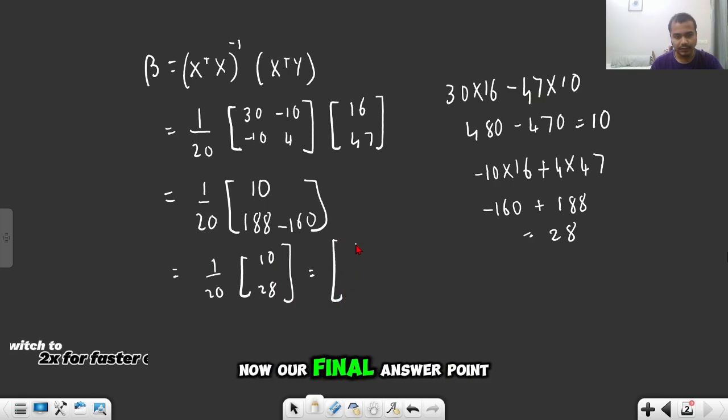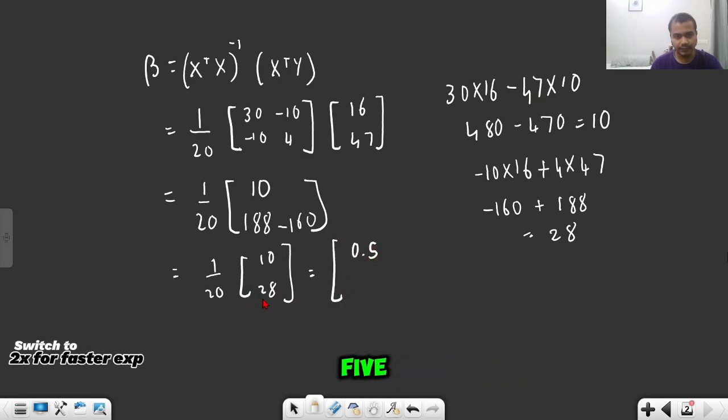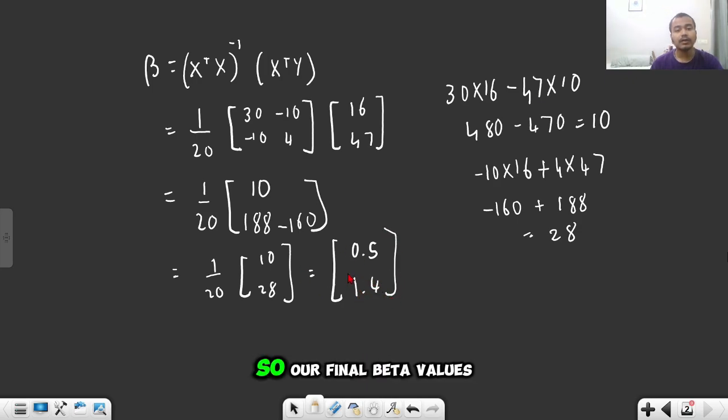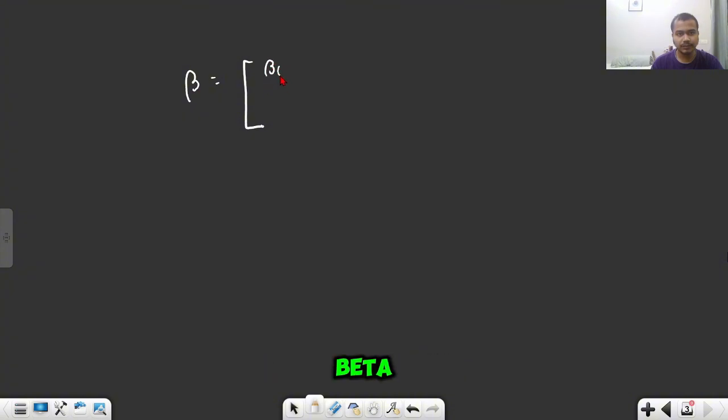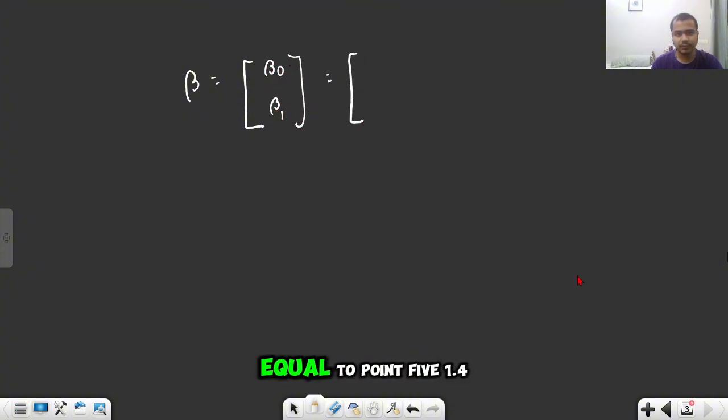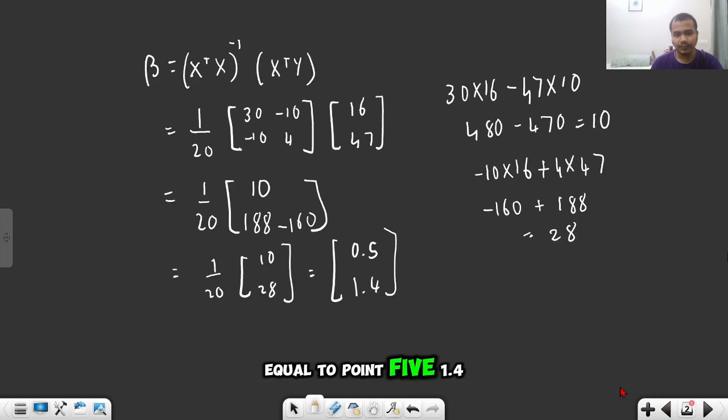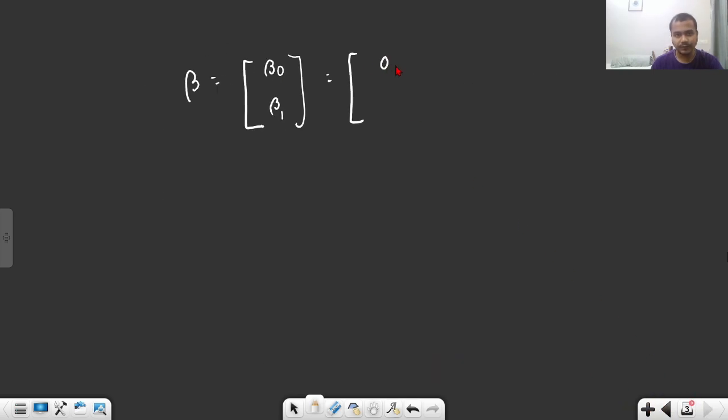Now our final answer is 0.5, and this is going to be 1.4. So our final beta values: beta equals beta naught, beta 1, which is equal to 0.5, 1.4.